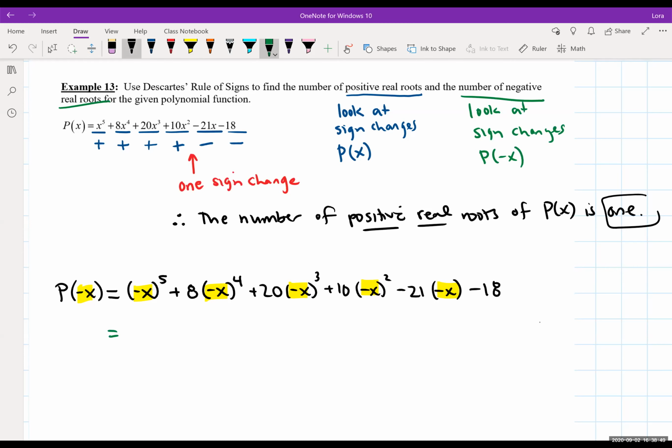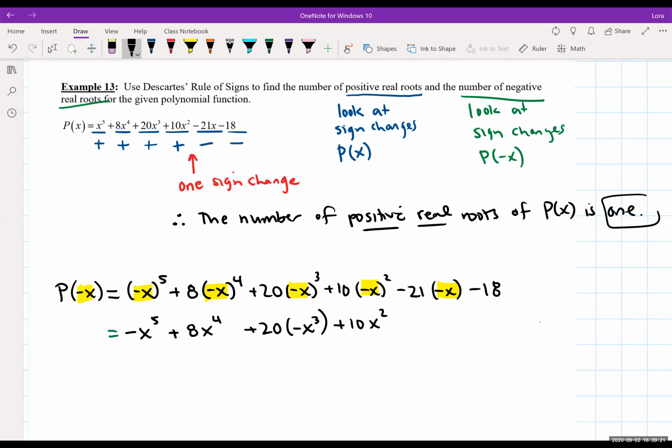We should have negative x to the 5th will end up being negative x to the 5th. Nothing's changed there. Now negative x to the 4th, nothing happens. The sign will still be positive when you multiply out all these x's. Negative x to the 3rd ends up being negative x to the 3rd. Negative x squared becomes positive x squared.